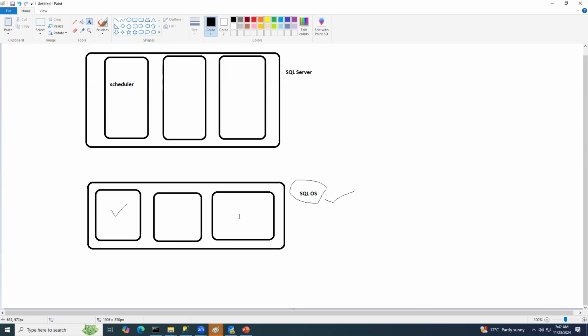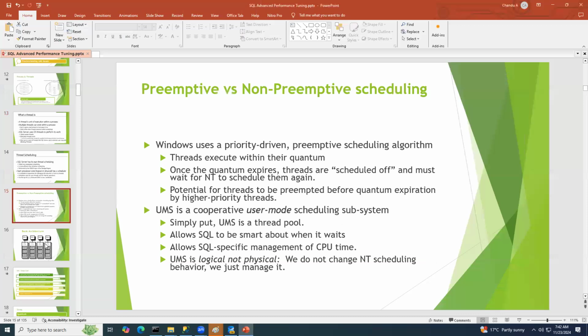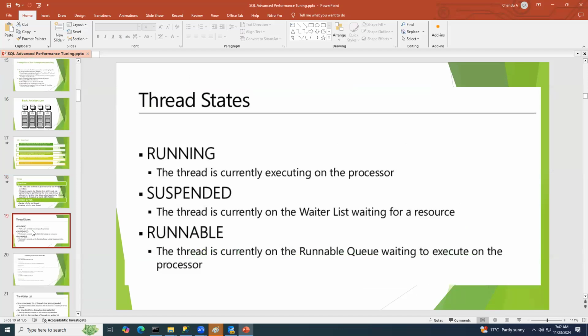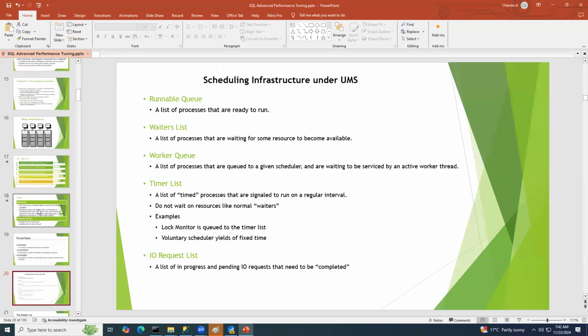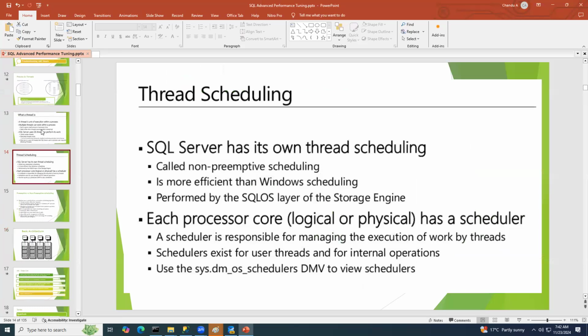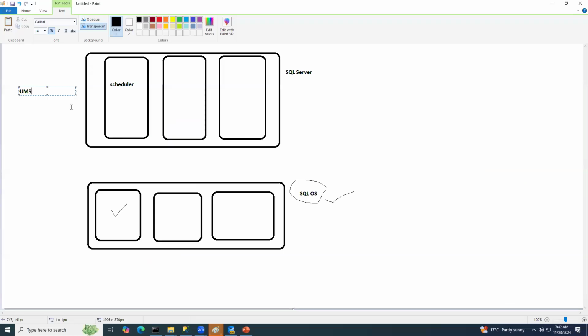There was no UMS at all, in earlier versions like SQL 2000 and version 7.0.